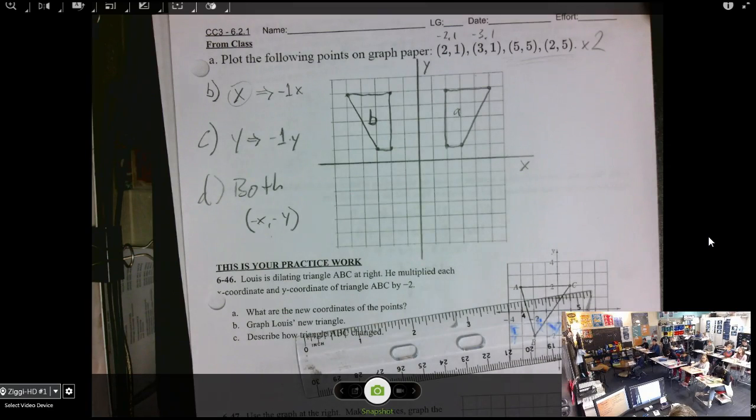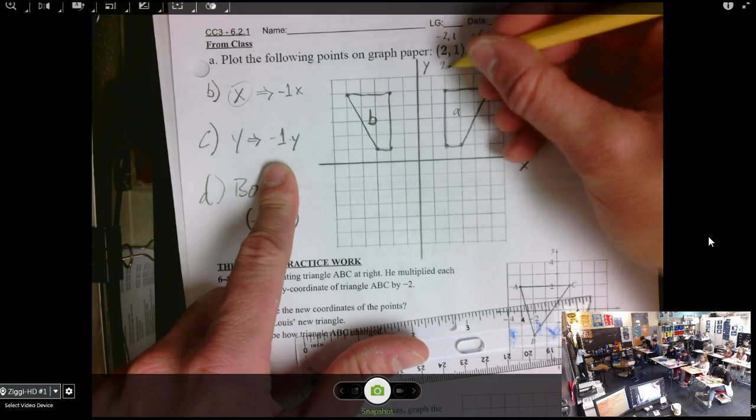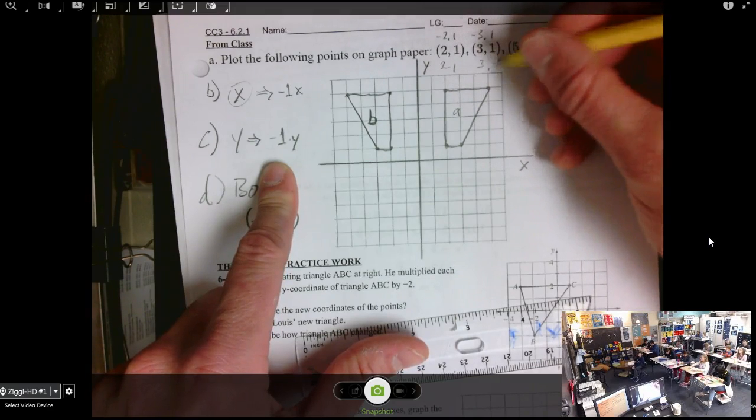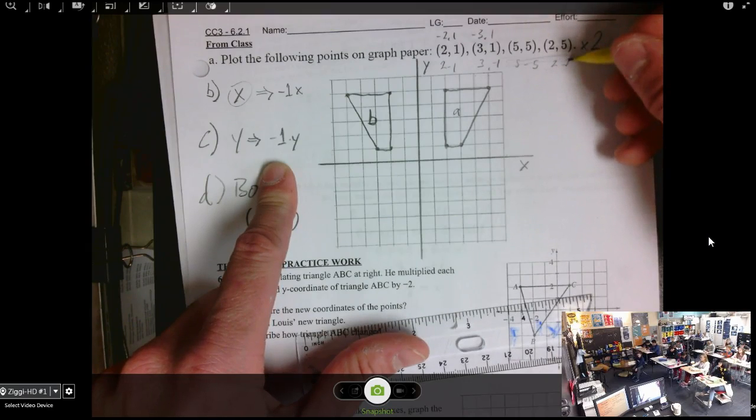Now when we draw C, there's one other thing that we could do. So C, only the y's multiply, so that'd be 2, -1, 3, -1, 5, -5, 2, -5.